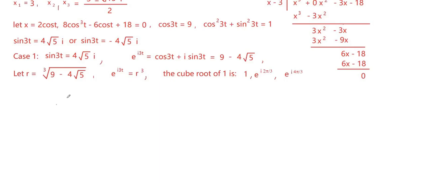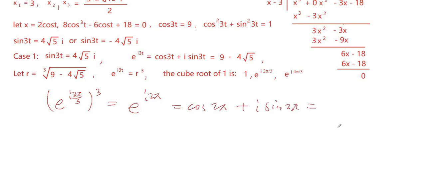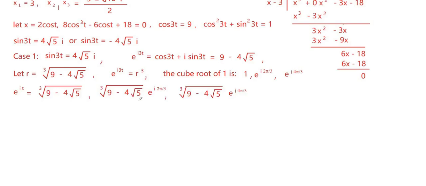For example, e to the i2 pi divided by 3, times 3, becomes i2 pi, and cosine 2 pi plus i sin 2 pi is 1. So this is also a cube root of 1, same thing as this one. We get the 3 roots for e to the it. To be simple, we use R instead.